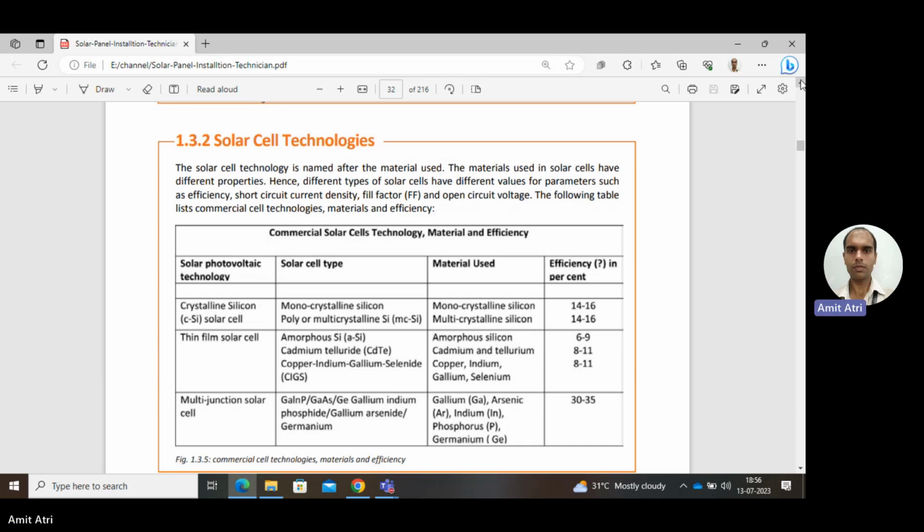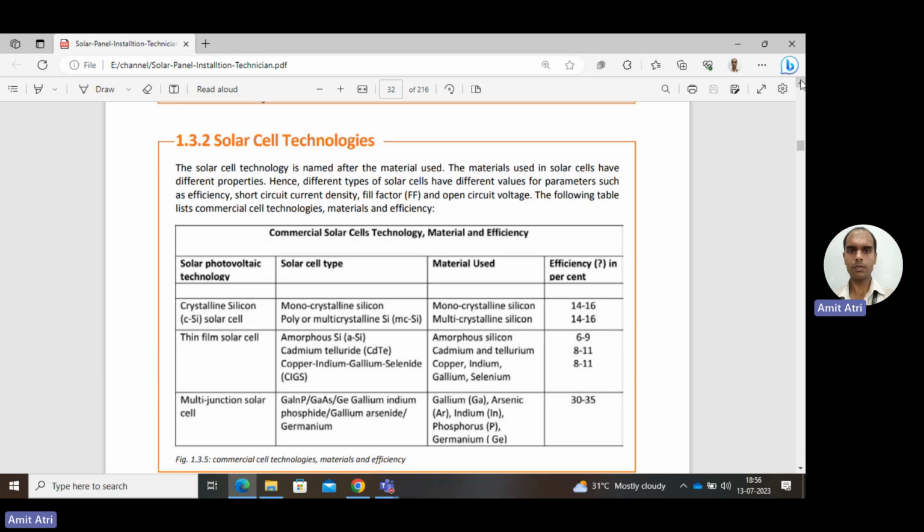Next technology is thin film solar cell. The solar cell types are amorphous silicon, cadmium telluride, and copper indium gallium selenide, three types. Correspondingly, the same materials are used: amorphous silicon for the amorphous silicon solar cell, then cadmium and tellurium for the next type, and copper, indium, gallium, and selenium for the next one.